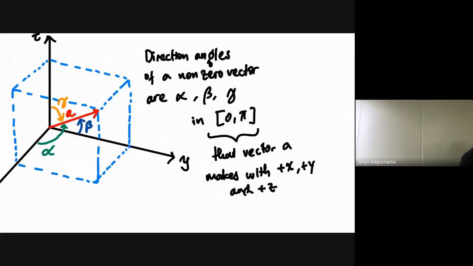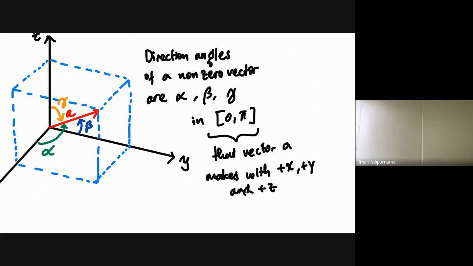So that becomes the definition of direction angles. If you have any vector, it can make an angle with the positive axes x, y, z, and you can define them as alpha, beta, and gamma.